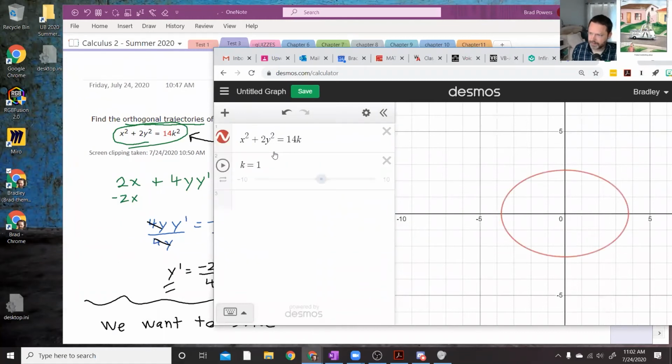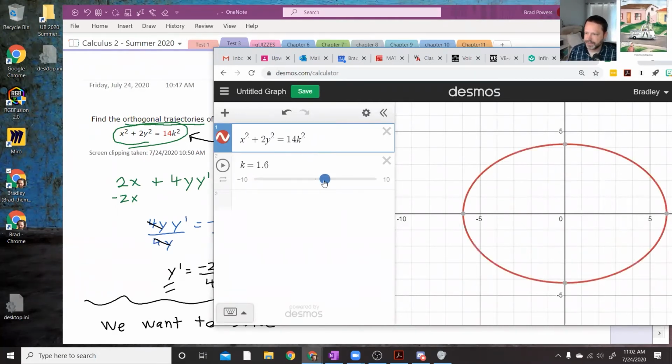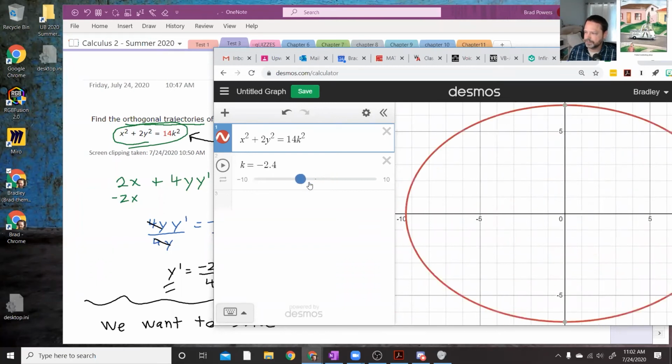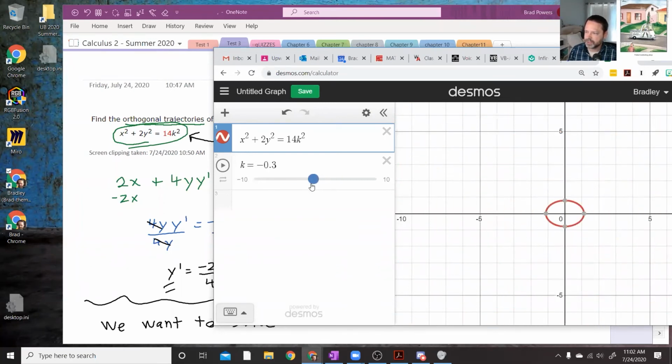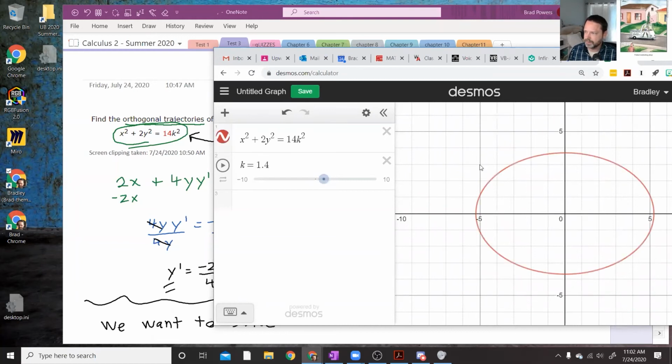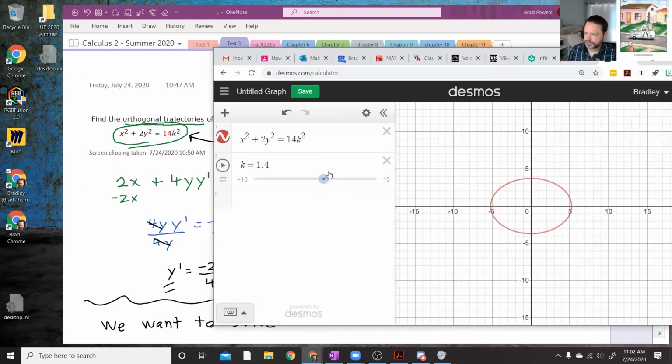Oh, see, that's a circle. Look at that. Or not a circle, but an ellipse. There, still an ellipse. Like I said, it was going to be a conic section. And then here we can look at different values for k. So these are the kind of curves we're getting in this case, okay?